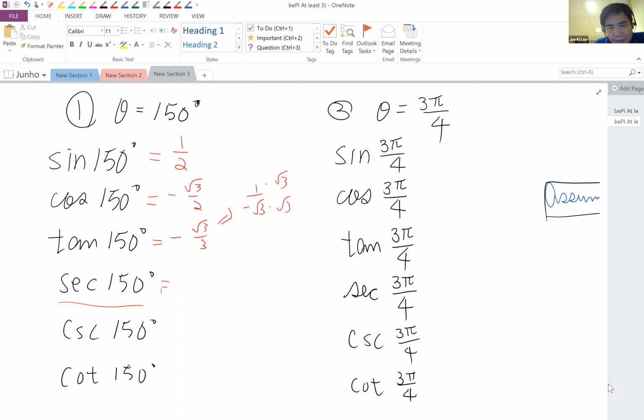Secant 150. Mohammed, did you get that? No, I didn't. Okay, secant 150 means 1 over cosine 150, which means we flip the cosine 150 value, so negative 2 over root 3. Rationalizing, then negative 2 root 3 over 3 basically.